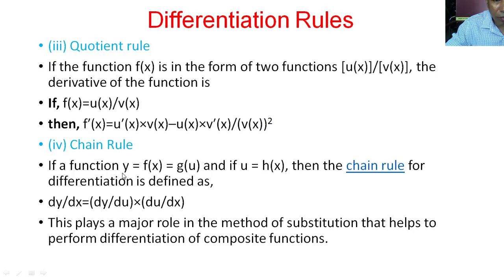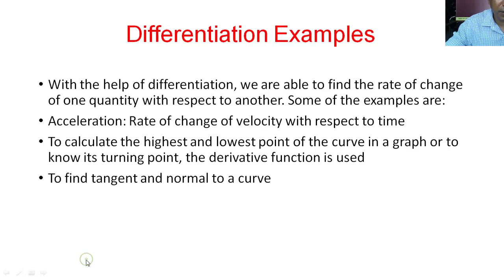That means since y is a function of u, we differentiate y with respect to u. Then since u is a function of x, we differentiate u with respect to x. And this plays a major role in the method of substitution that helps to perform differentiation of composite functions. So whenever we have composite functions, we need to apply chain rule to find the differential coefficient of that function.